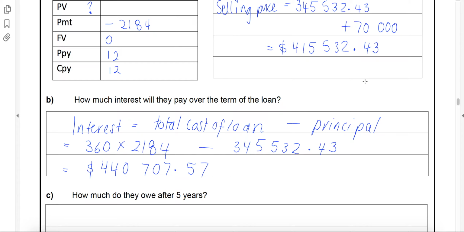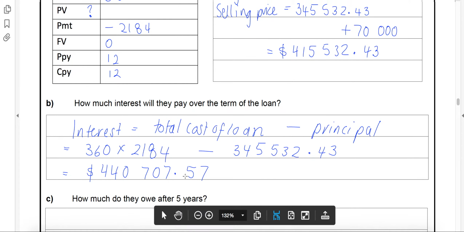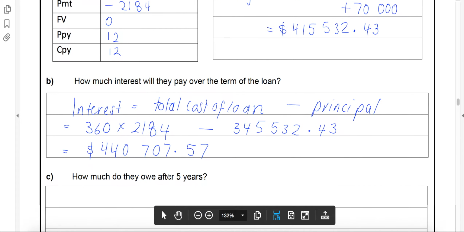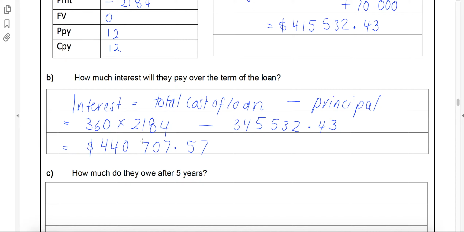If they had that money up front, they would buy the house for that. Now, as you can see, since they had to borrow so much, they had to borrow $345,000 and pay interest on that for 30 years, for 3 decades, they're spending $440,000 extra on the house. So as you can see, they're spending actually over $800,000 on this house altogether.